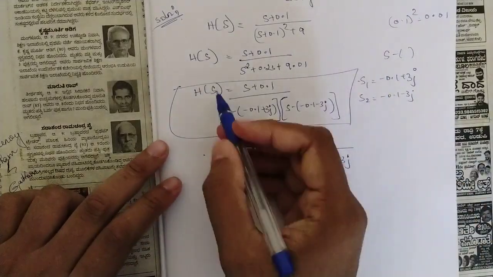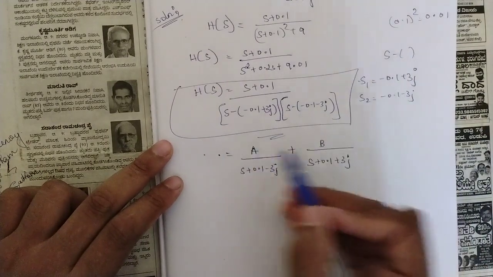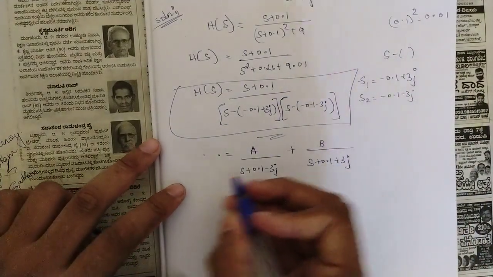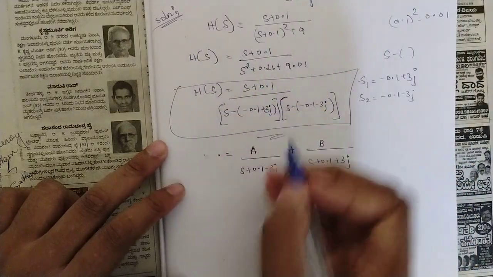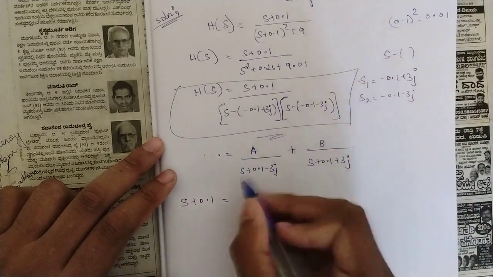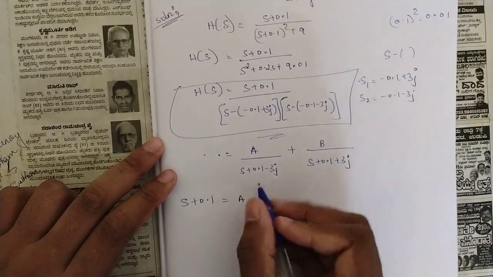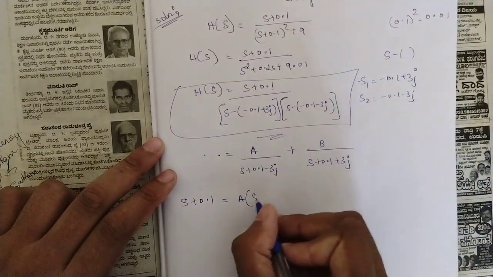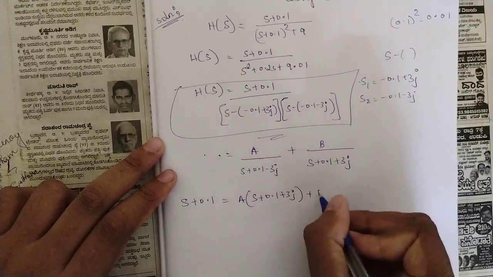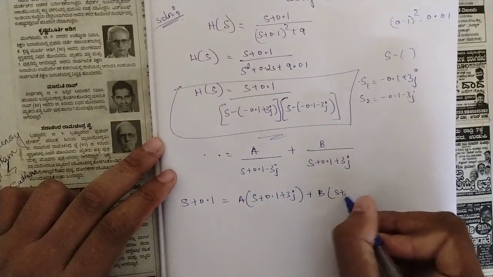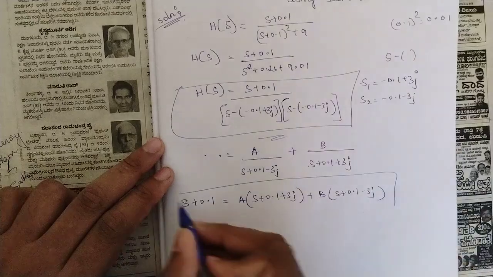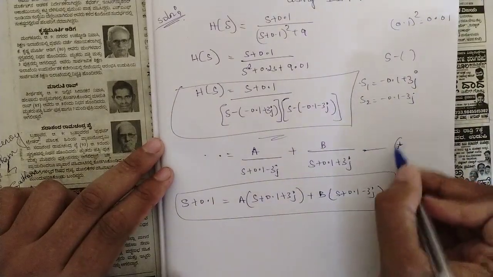So in order to cancel the denominator here, you should cross multiply. So what we will be getting as our equation, in the numerator side we have s plus 0.1, so here s plus 0.1 remains, and after cross multiplying what we will be getting, a into this term, s plus 0.1 plus 3j, plus b into this term, s plus 0.1 minus 3j. So this is the equation we got here. This you consider as star.